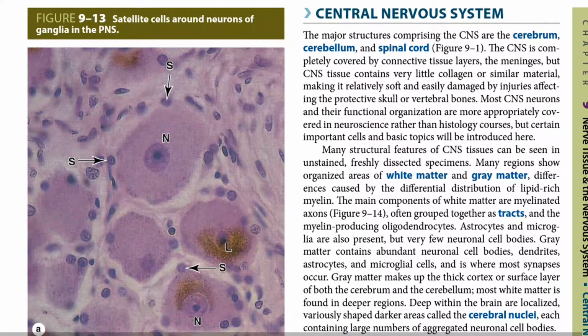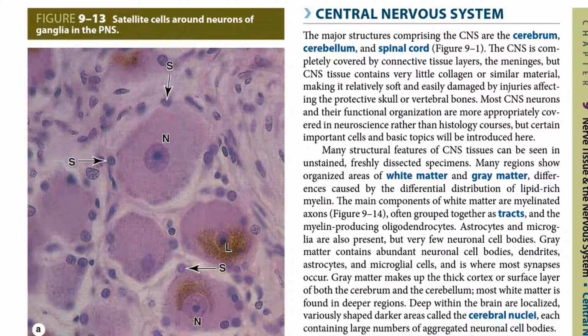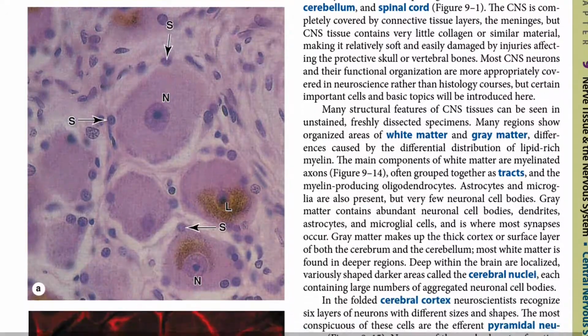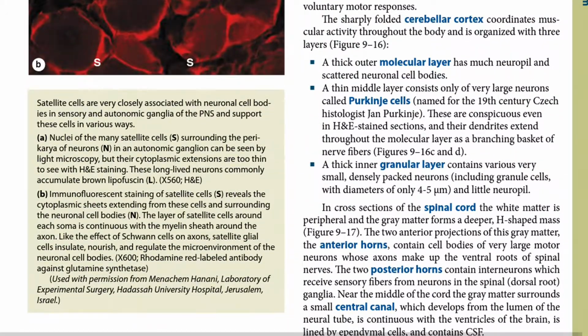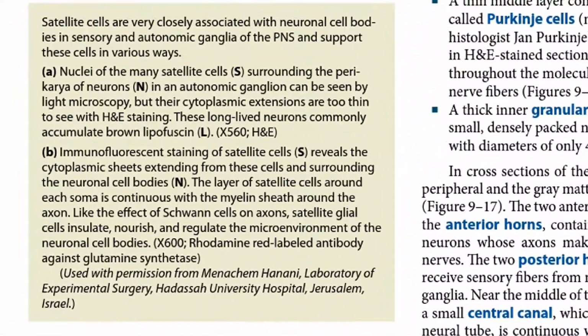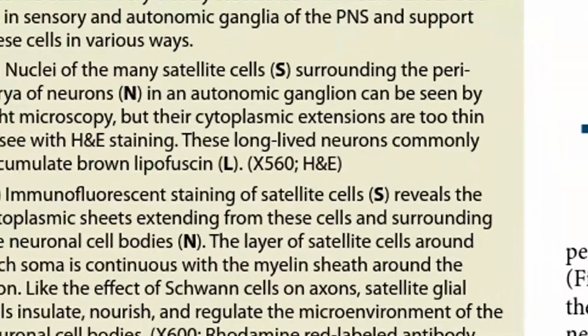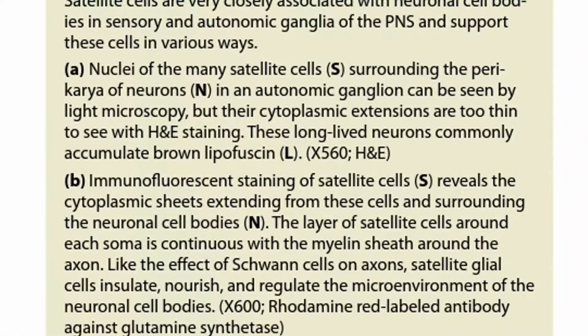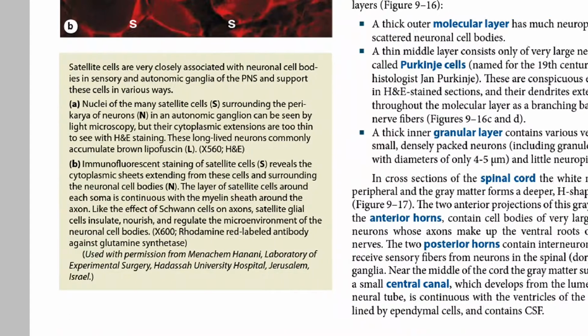Now in this figure, satellite cells around neurons of ganglia in the PNS. S shows the satellite cell, N the perikaryon of the neuron, and L the lipofuscin.